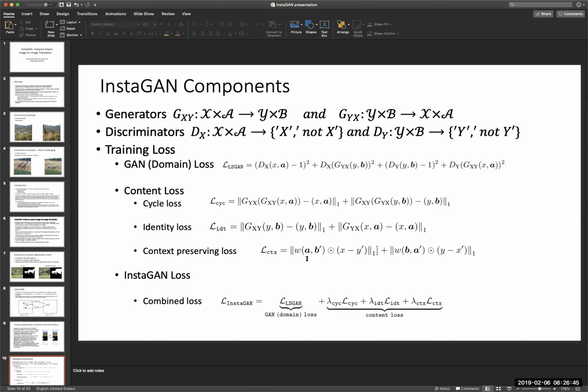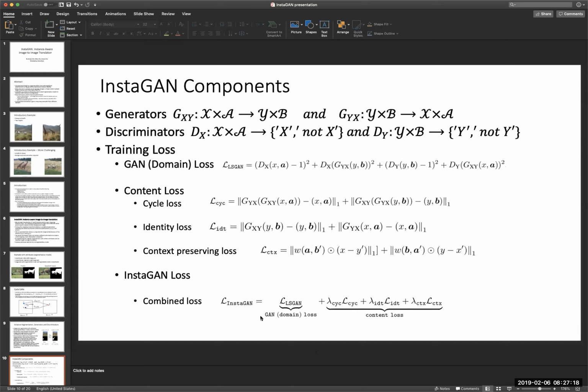So W is essentially a mask that defines the region of common background. This circle means it's an element by element product of those 2 matrices. And again, we're using the L1 norm to turn that into a scalar for the loss.